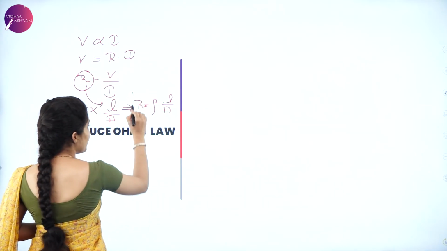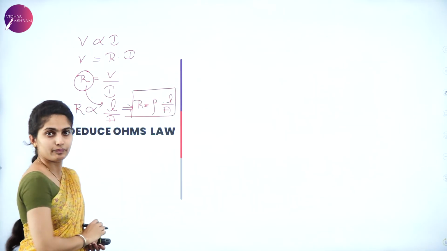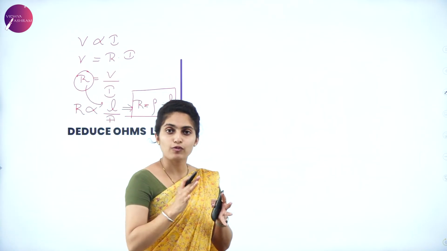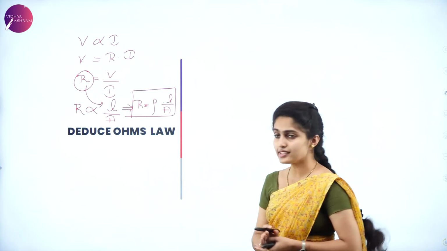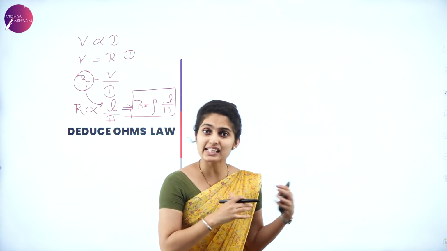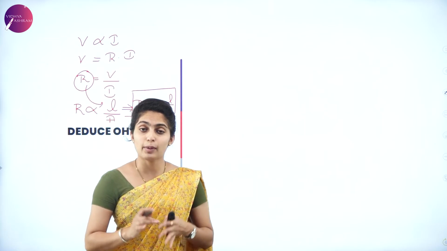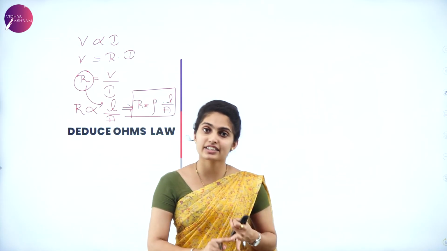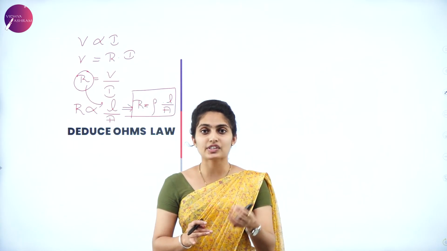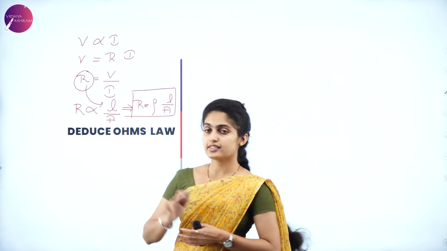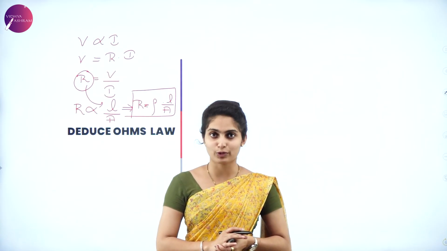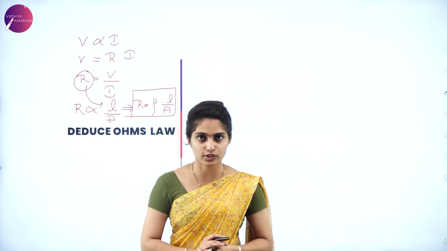And we have to deduce this form. This was taken directly with the help of Ohm's law. But with the help of the equations which we have studied till now, that is, with the help of drift velocity and current density, let us get back our resistance value. That is deducing Ohm's law.